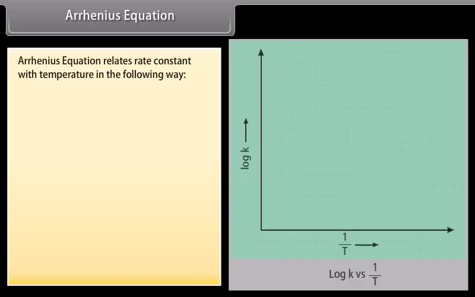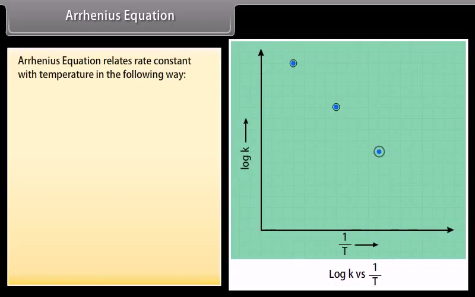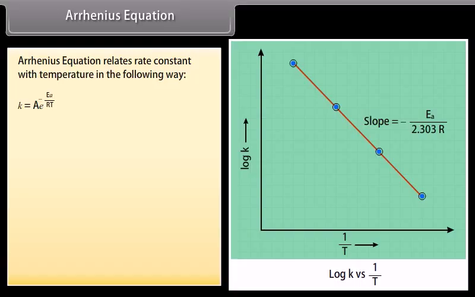Arrhenius equation. The Arrhenius equation relates the rate constant with temperature as K is equal to A times e raised to the power minus Ea upon RT, where A is the frequency factor and Ea is the activation energy.